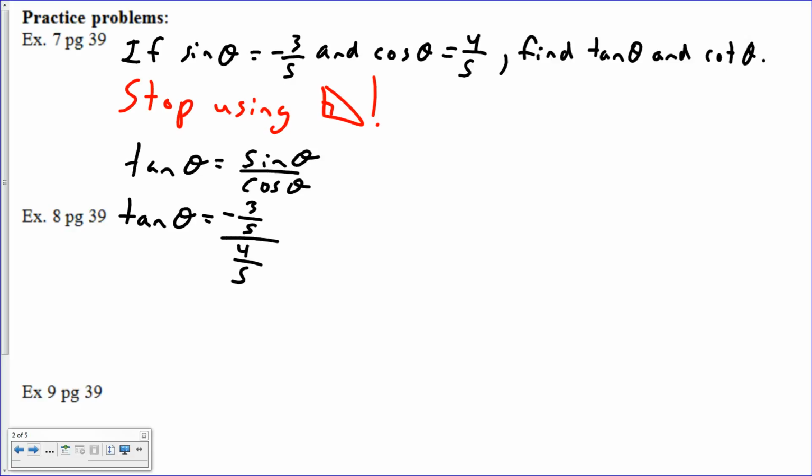At this point, you can multiply by the reciprocal of the bottom, or you can multiply top and bottom by 5. So if I multiply top and bottom by 5, it's really 5/1, 5/1. You're going to end up with a negative 3/4. Then you know the cotangent theta is the reciprocal of negative 3/4. So that's just going to be a negative 4/3. Notice the negative sign is preserved when you do reciprocals.